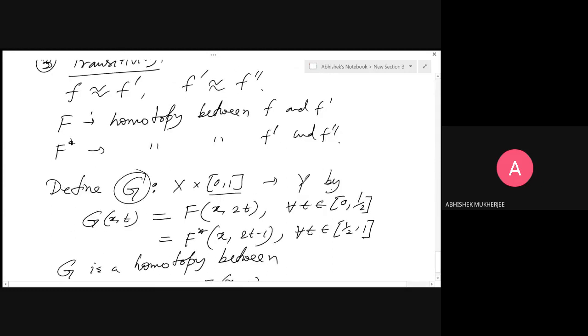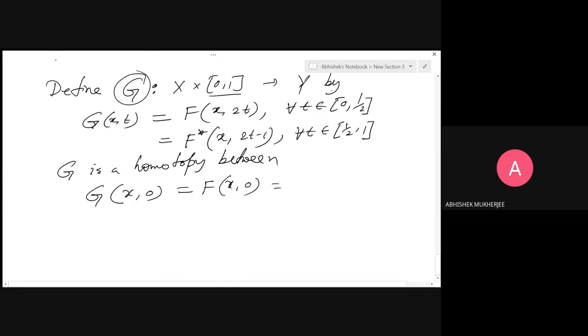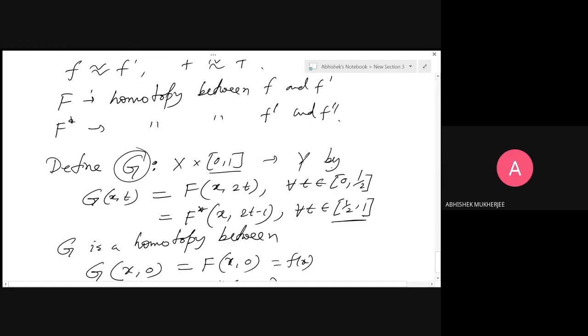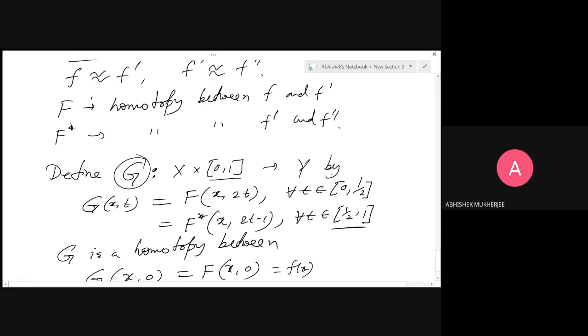F is a homotopy between f and f dashed, so at time 0, F will give you the map small f. Now G(x,1): since 1 is in this interval, we need to consider F star. So F star of (x,1), where F star is a homotopy between f dashed and f double dashed. At time 1, it will give you the map f double dashed.